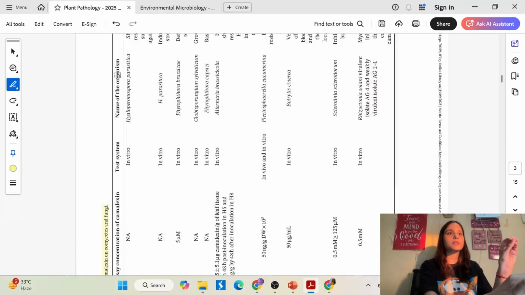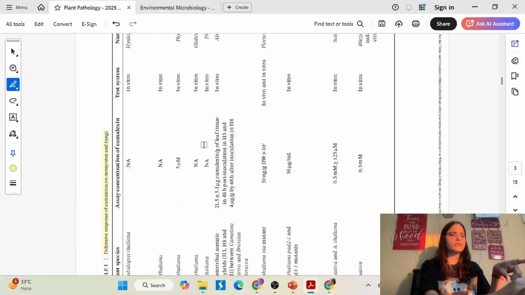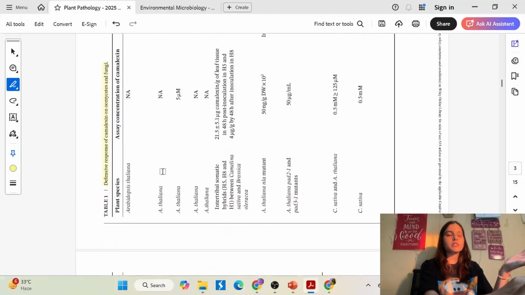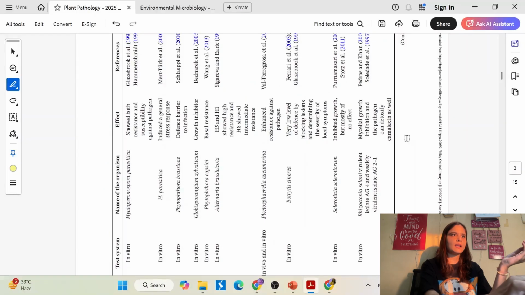Name of the organism, in the sense, the pathogen which is responsible for infecting these host plant species. Okay. The majority of the plants studied for the effect of camalexin in response to infection is Arabidopsis thaliana, and different effects have been stated here: camalexin has shown both resistance and susceptibility against phytopathogens, and similarly, several effects have been reported.